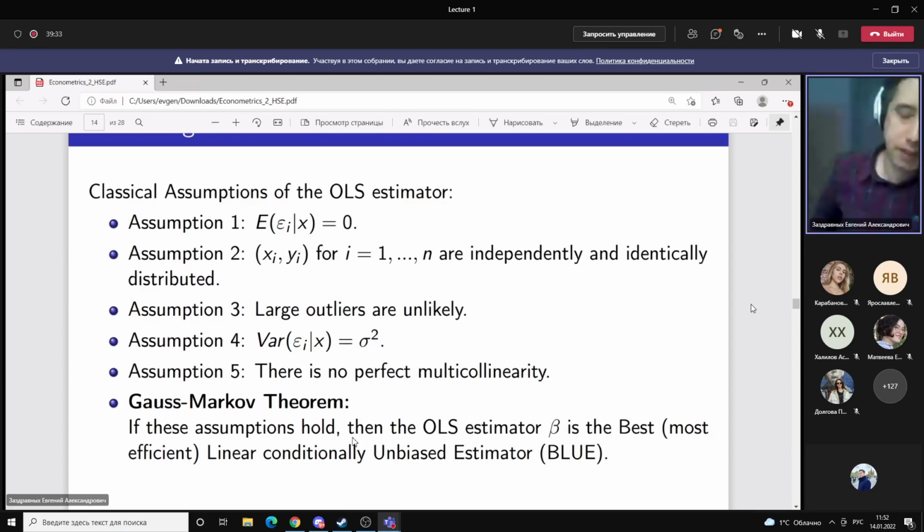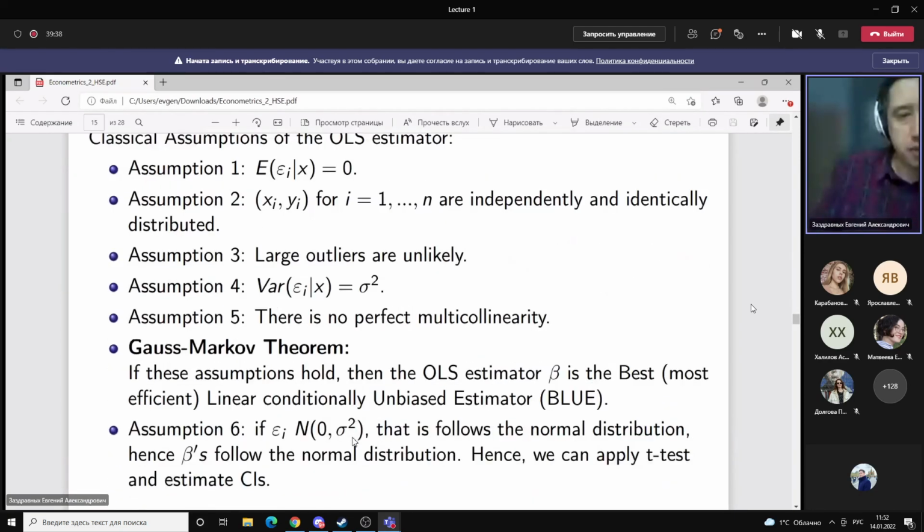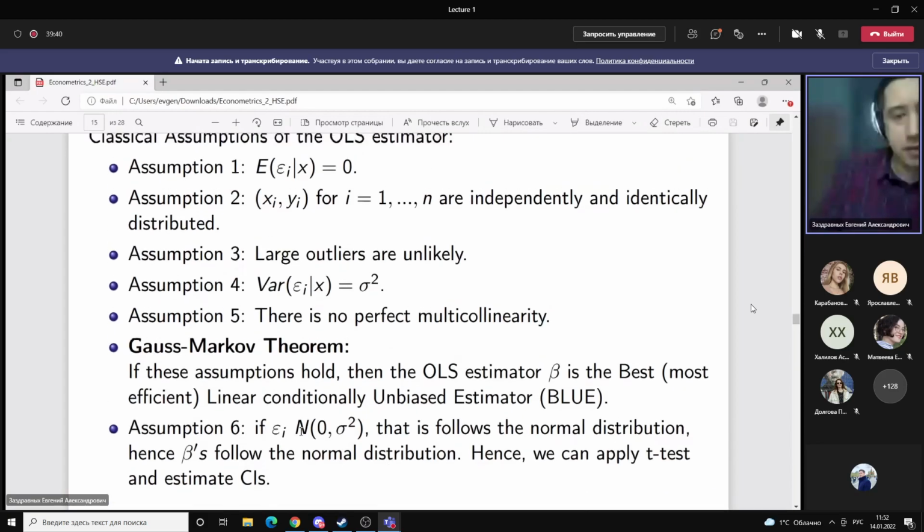There is another important assumption, assumption 6, meaning that the error term follows a normal distribution with 0 expectation and constant variance. Why do we need this assumption? If this assumption holds, our betas follow the normal distribution, hence we can apply t-tests and estimate confidence intervals, and moreover we can trust our t-tests and confidence intervals in the regression model.